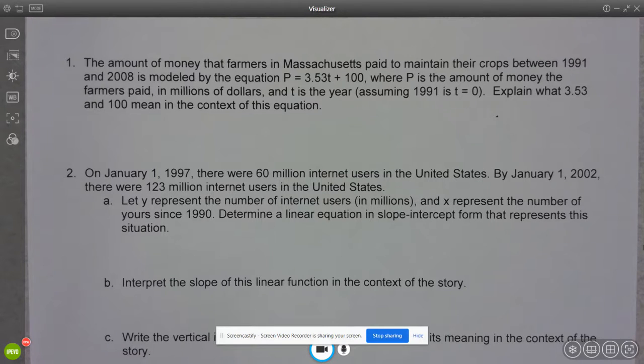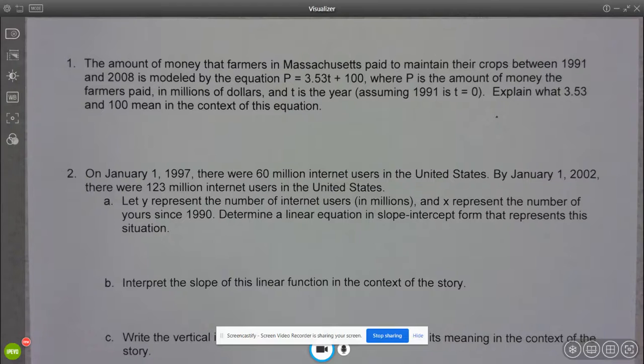P is the amount of money and T is the year, assuming that 1991 is time 0. So we have to explain what the 3.53 and the 100 mean in terms of this scenario.